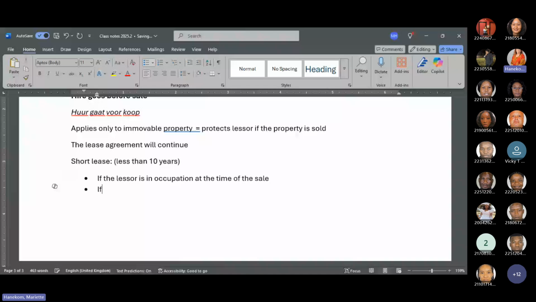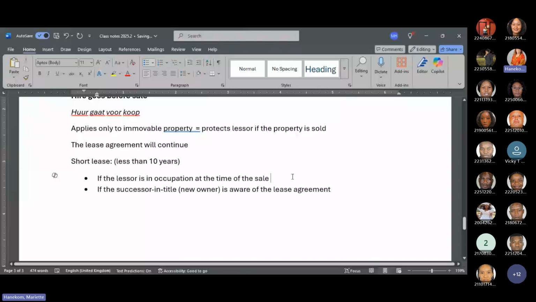Or if the successor in title, that is the person, the new owner, is aware of the lease agreement. By the way, these requirements, these instances, they are all alternatives.